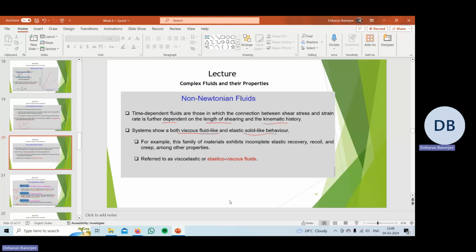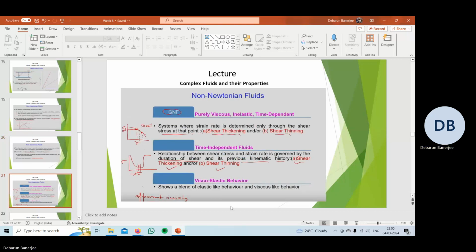Some systems show both viscous fluid-like and elastic solid-like behavior. These are typically called viscoelastic or elastico-viscous fluids. This family of materials exhibits incomplete elastic recovery, recoil, and creep, among other properties.